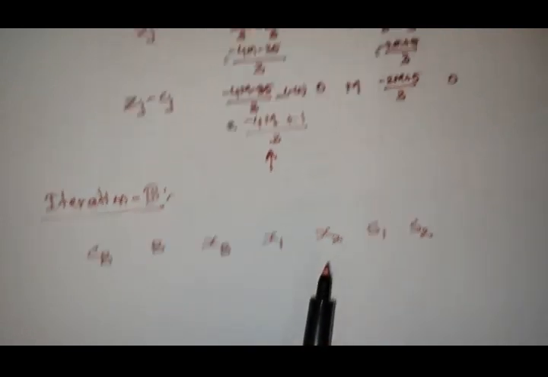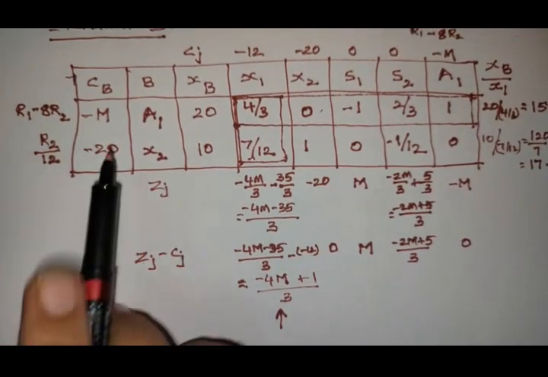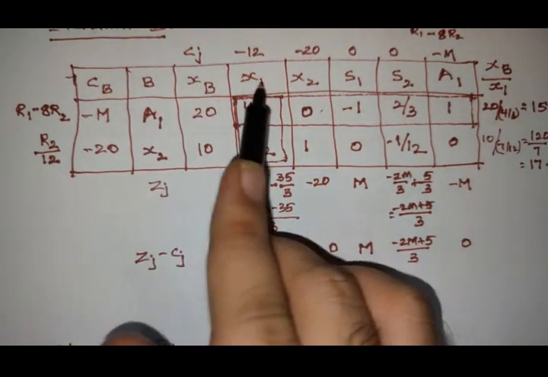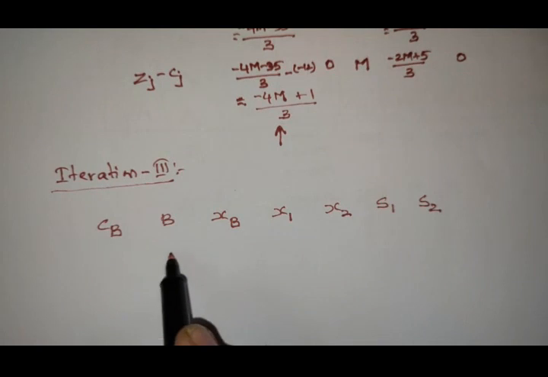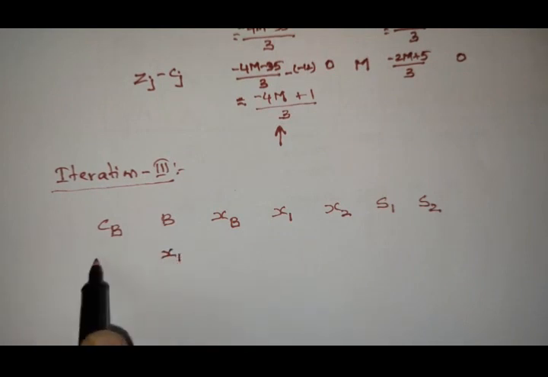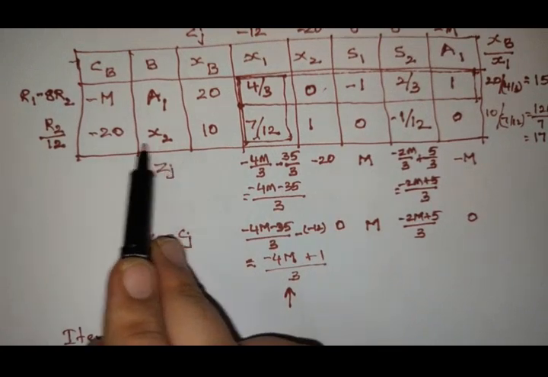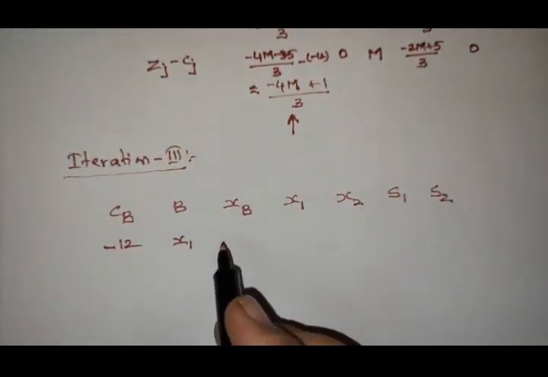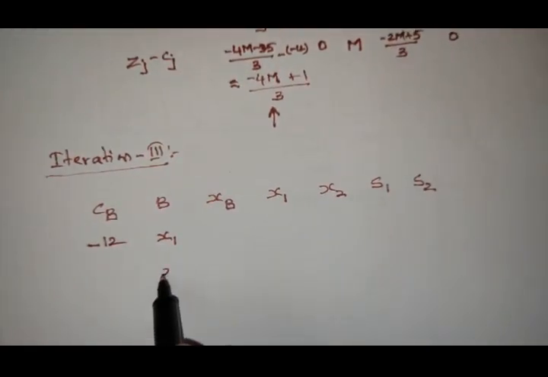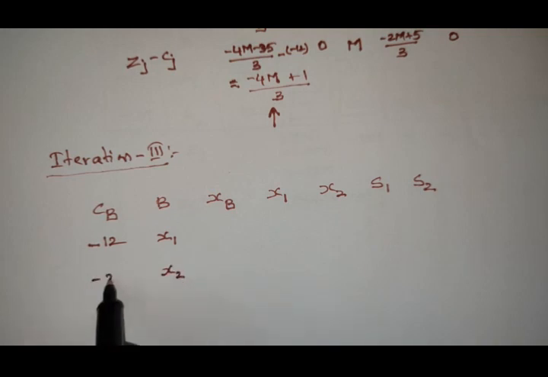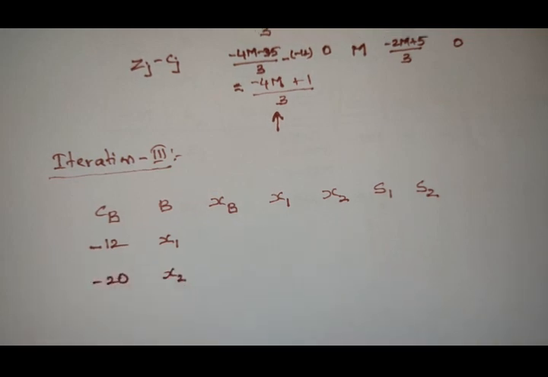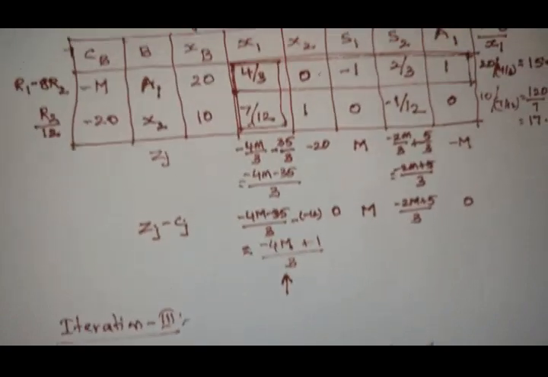Now what will we get? In place of A1, X1 will come. What is the X1 coefficient? Minus 12. So X1 minus 12. Then the remaining one is x2, minus 20. Right? Next, what should we do?